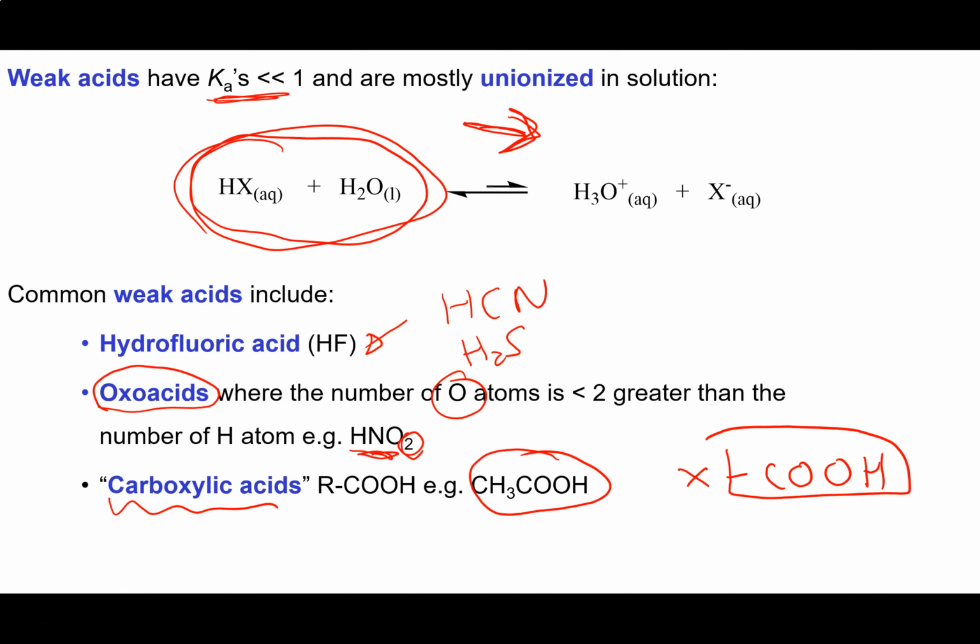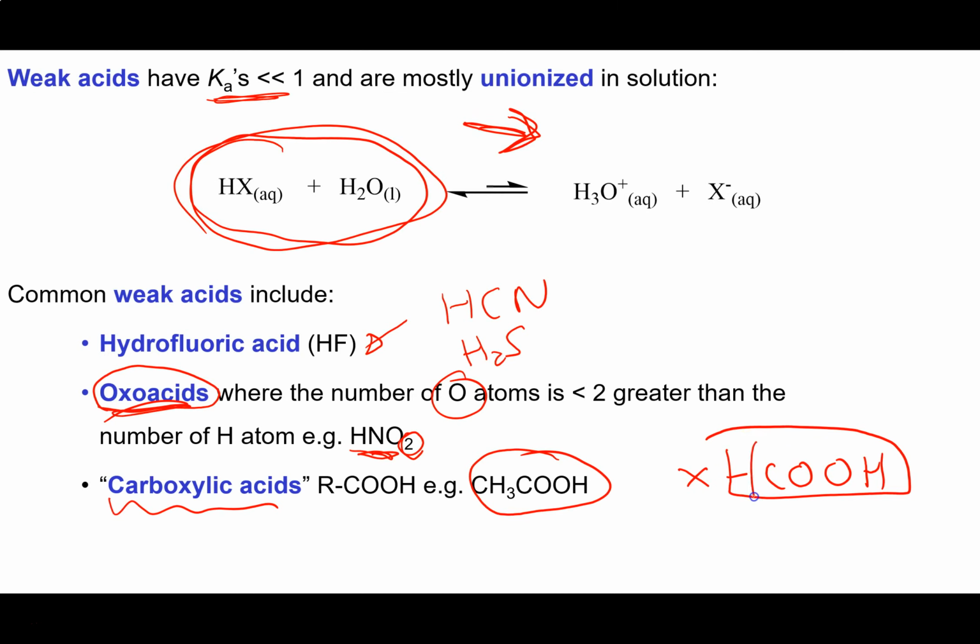The weak acids are hydrofluoric acid, and then other acids that don't contain oxygen. So I gave the example HCN, H2S. Oxo acids, where you don't have enough oxygen, so the number of oxygen atoms is less than 2 greater than the number of hydrogen atoms.